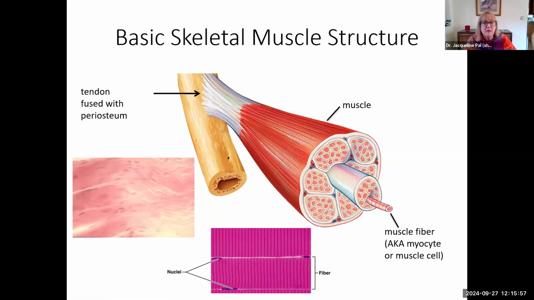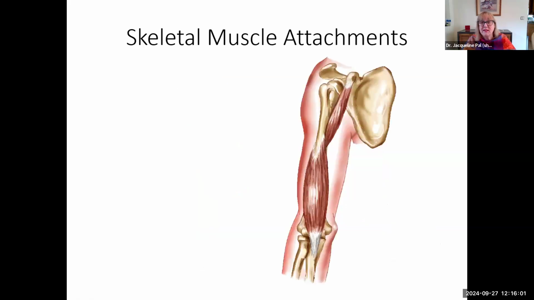So let's take a closer look at the tendons for the muscles, because this is how the muscles attach to your skeleton. And what you'll realize is that each muscle has 2 attachments. Okay, so this is not your biceps brachii. This is a muscle that's deep to your biceps.